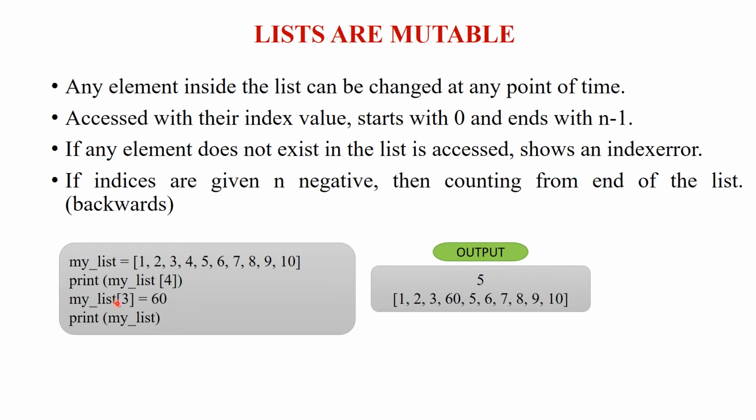Then my list of 3, what will be the value? The index value of 3 is 4. When I want to change this value 4 and replace it with 60, I mention the index value and replace the value with 60. So 1 2 3 and 60 will get printed.